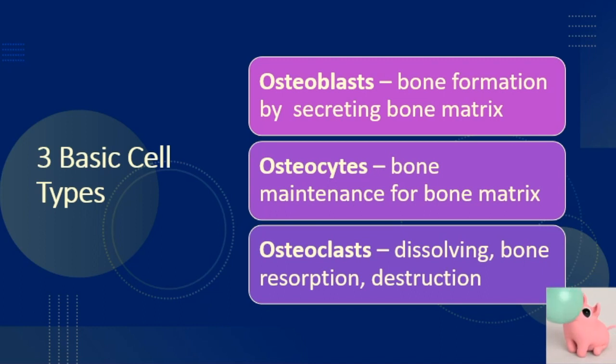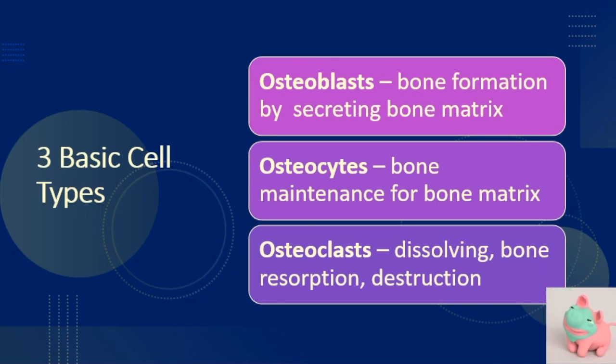Pay particular attention to the function of the osteoblast and osteoclast. That will be vital later on for us to understand the underlying pathophysiology of the several diseases that we will be discussing. So for example, osteoporosis. We know that osteoporosis is commonly known as brittle bones. Now, that brittleness of the bone, that porosity of the bone, is caused by the increased action of your osteoclast.